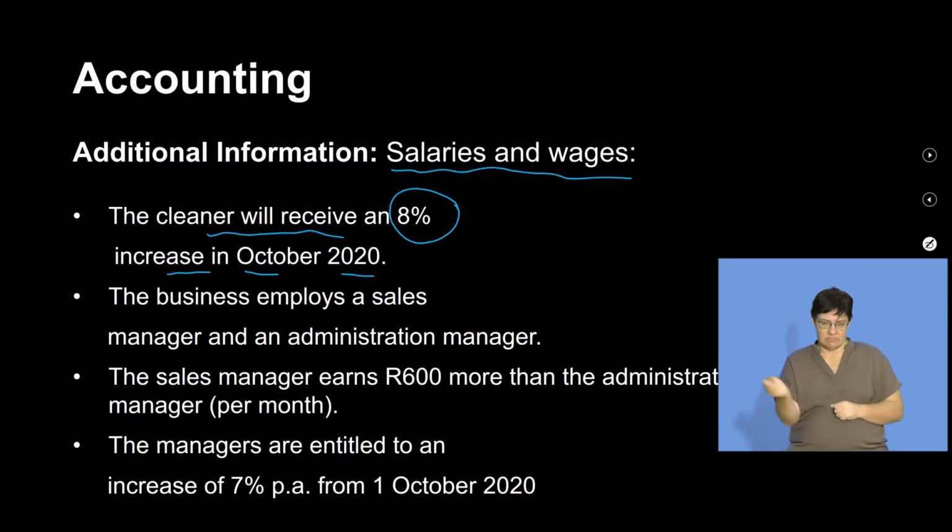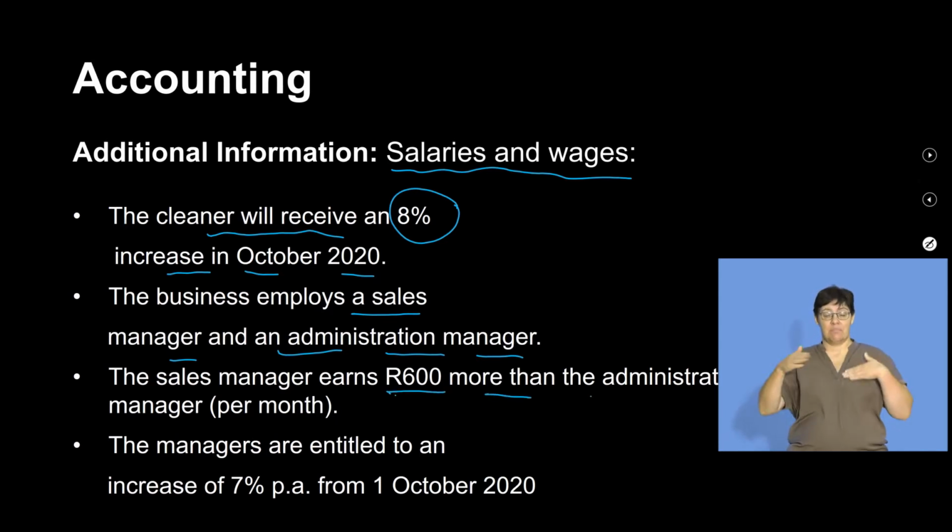The business employs a sales manager and an administration manager. The sales manager earns 600 Rand more than the admin manager, that is per month. The managers are entitled to an increase of 7% from the 1st of October 2020. That's the information that is provided to us.